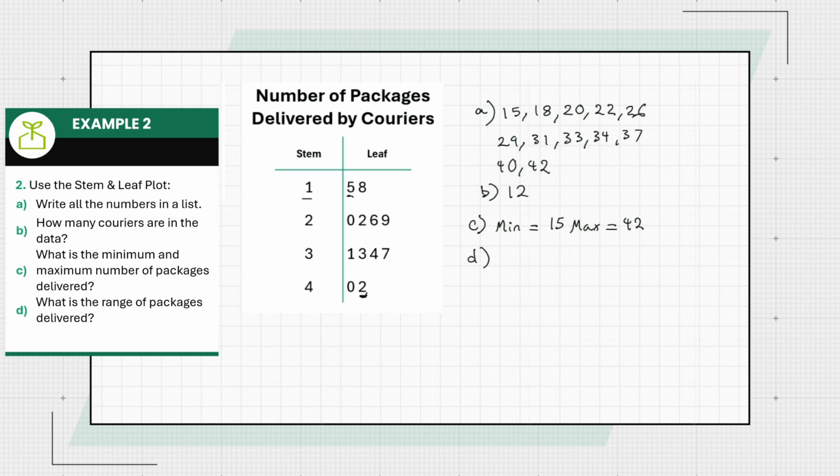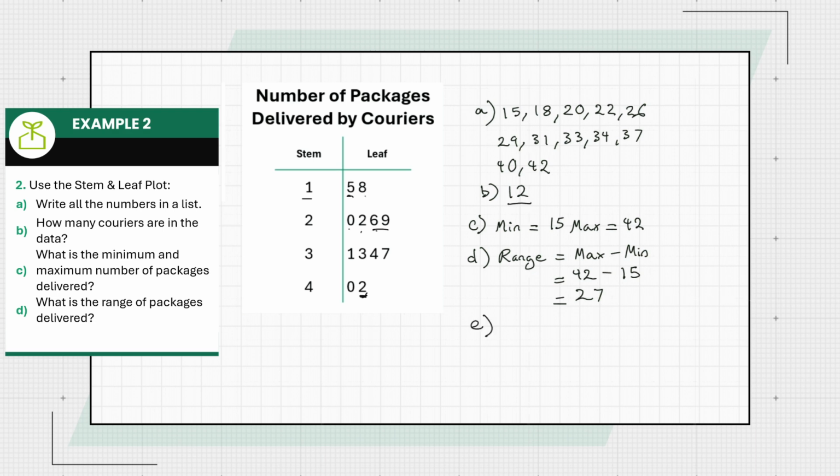Okay, what is the range of the packages that have been delivered? Our range is going to be equal to our max minus our min, and that's just equal to 42 minus 15. Okay, and that is 27.